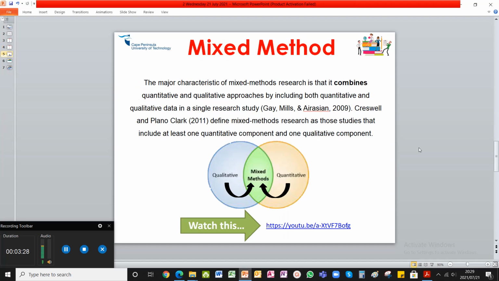Then the mixed method. The biggest characteristic of mixed methods research is that it combines qualitative and quantitative approaches and includes both in one study. It can also be defined as a study that includes one part quantitative and one part qualitative.